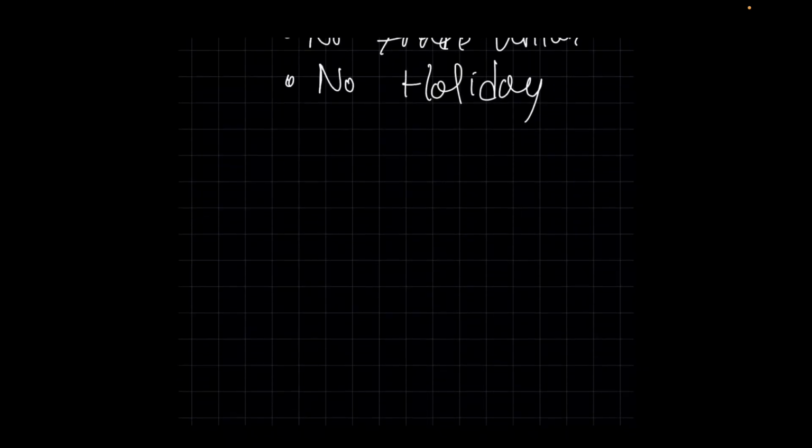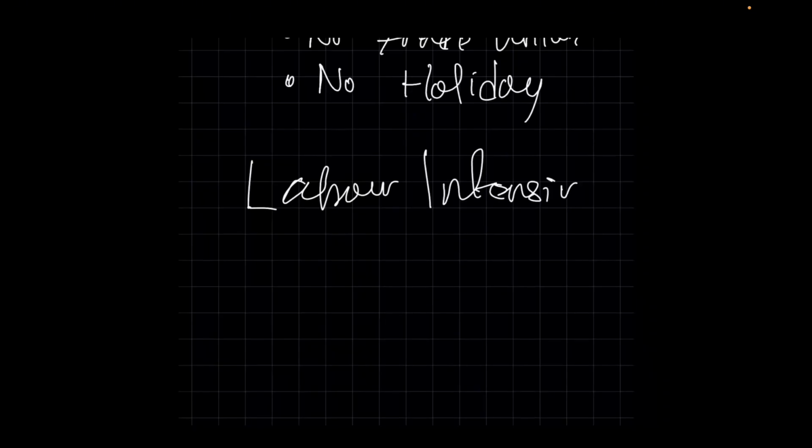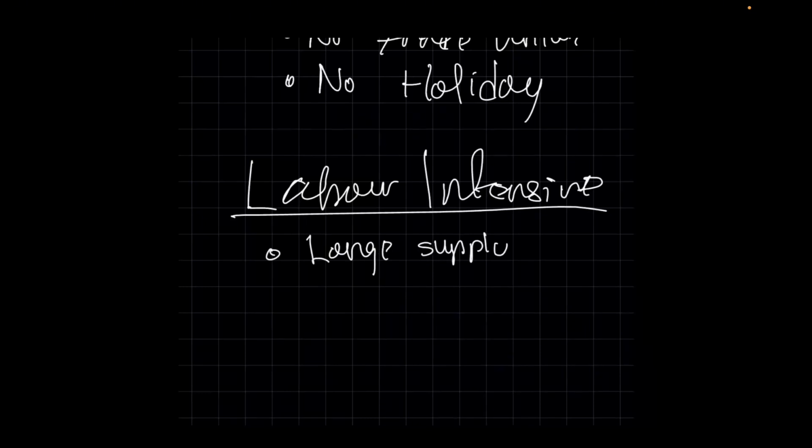And then we look at the next approach, which is the labor intensive approach. There are some key features to it. I mean, everyone would expect this. There is a large supply of labor, and then there is low cost of production, because labor is actually cheaper than capital, at least in the short run.